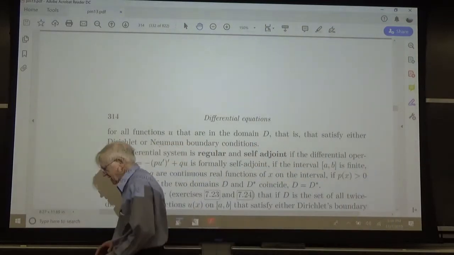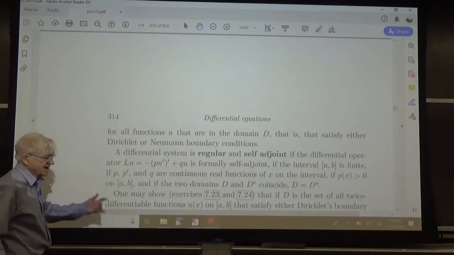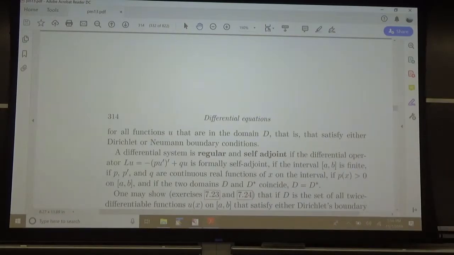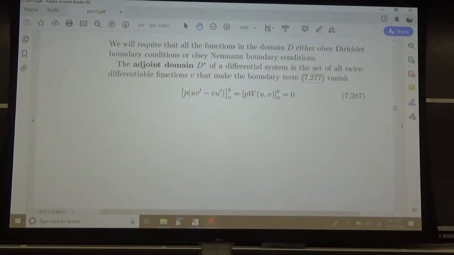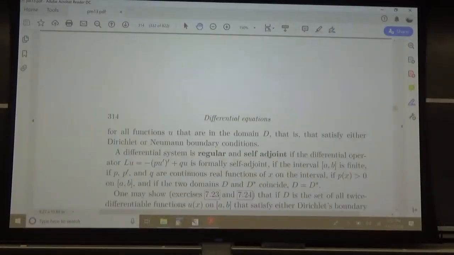And what you can see with a little bit of effort, not very much effort, is that if the functions u satisfy Dirichlet boundary conditions, and the functions v satisfy Dirichlet boundary conditions, then your system will work. That is, functions in the adjoint domain together with functions u in the domain will make the boundary term vanish.